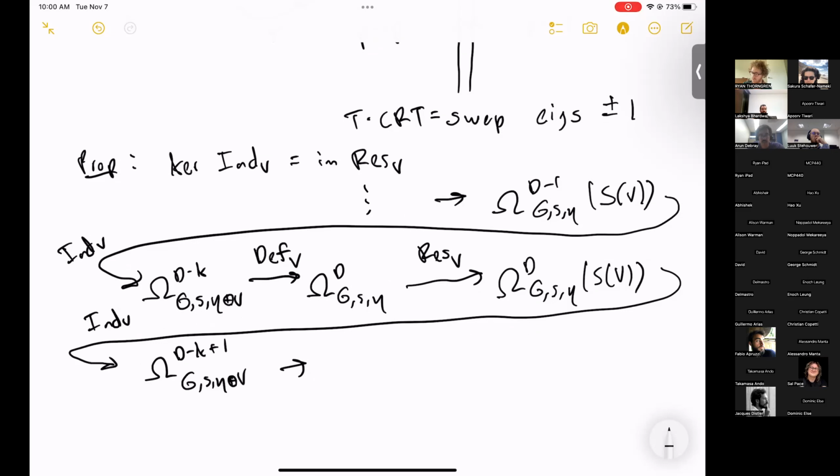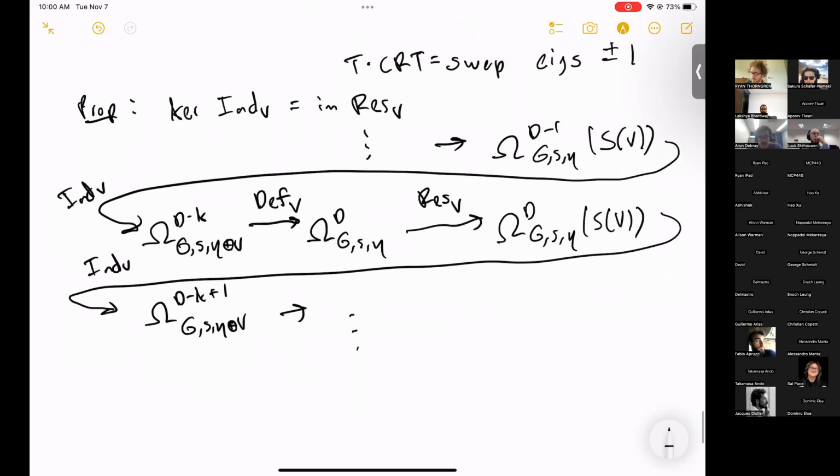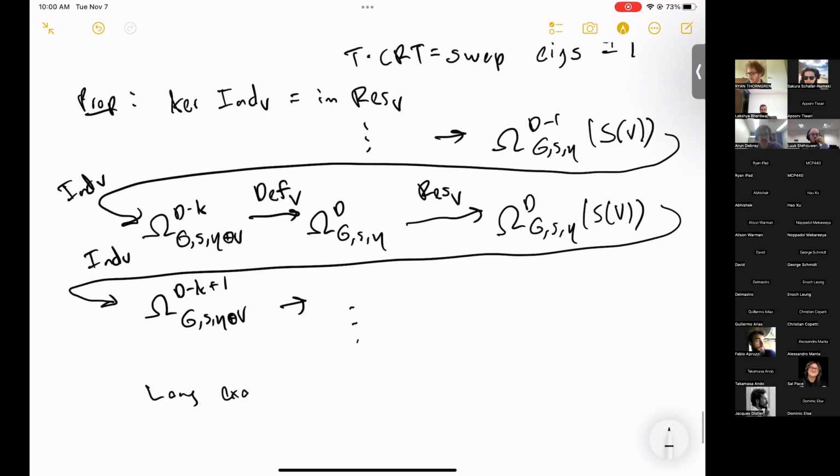And so this continues forever in the long exact sequence. So for a given G and theory type S and twist eta and some representation, you get a correspondence between these anomaly matching problems in all dimensions.